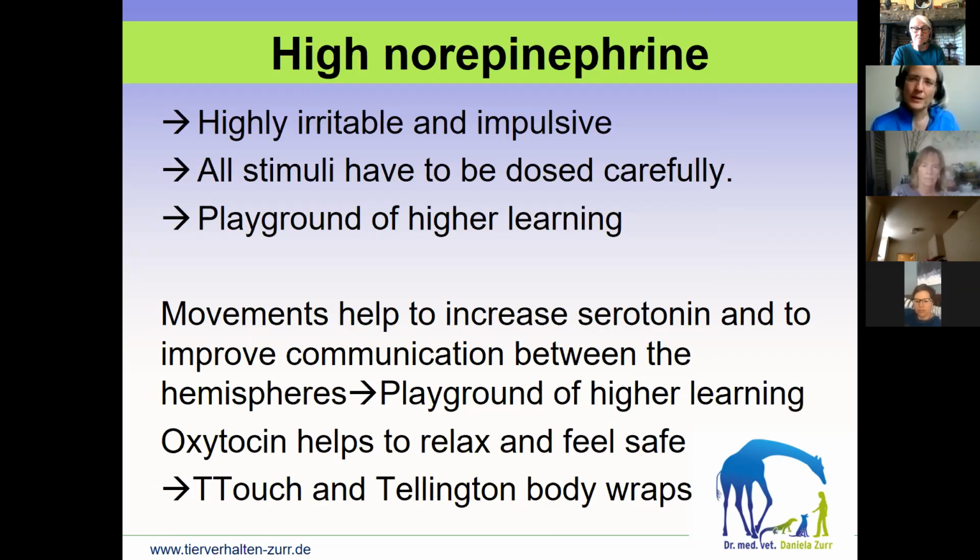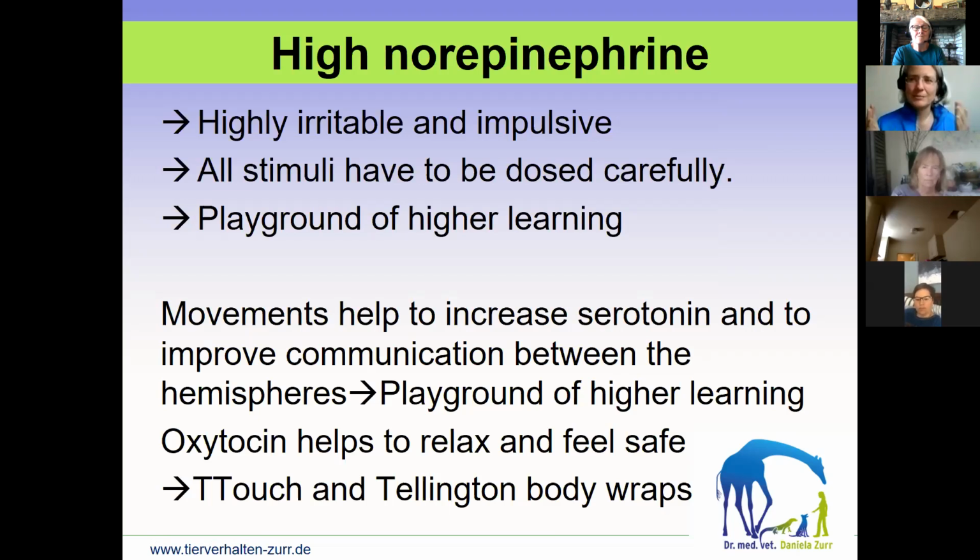Also, when we move, and movement means in a harmonic way, not running as fast as we can, movements help to increase serotonin, and they help to improve communication between the left and the right hemisphere. Because if we use both parts of our body, we cannot shut down the communication, otherwise we couldn't move both sides anymore.